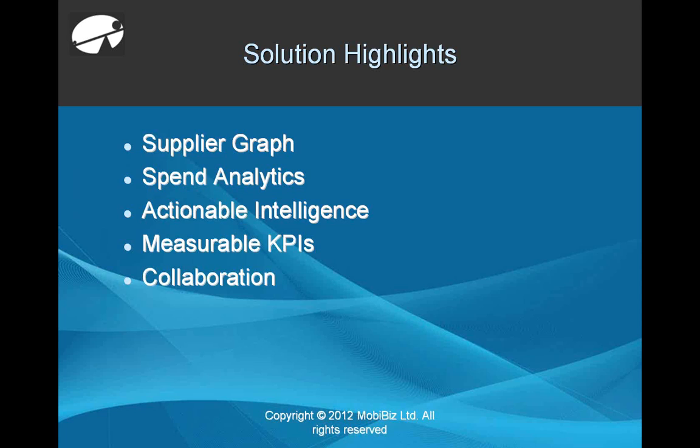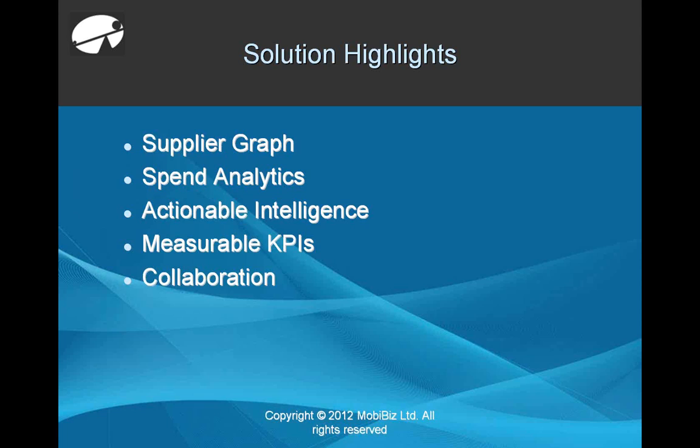Measurable KPIs. At the end of any such analysis or ongoing exercise, the most important output is a KPI. Some of the KPIs are easy to come up with. For example, in spend, you look at the cost reduction KPI and cost avoidance.